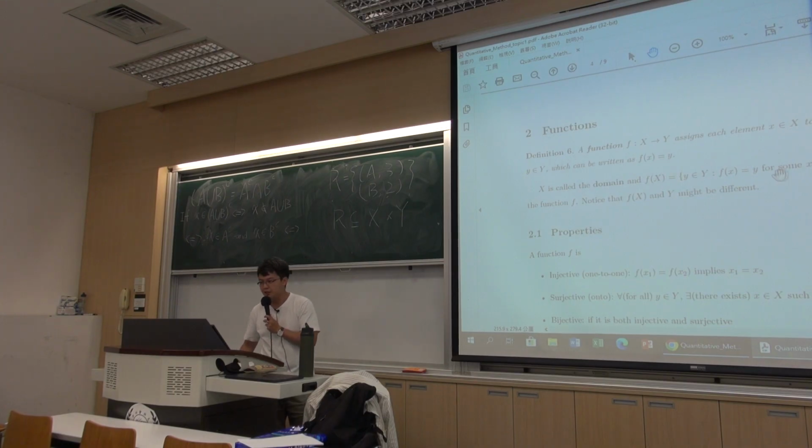According to the definition here, a function f from X to Y means that we assign each element of x in a bigger set, capital X, to unique elements in big Y, and we can write it as f of x equals y. Okay. What does that mean?